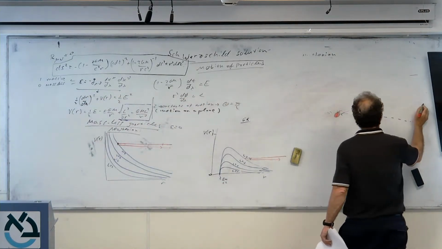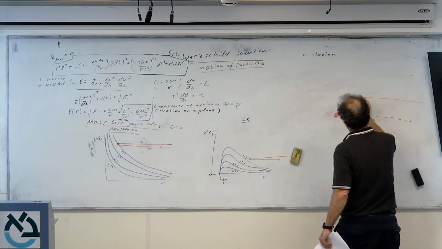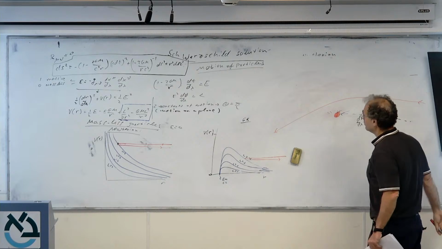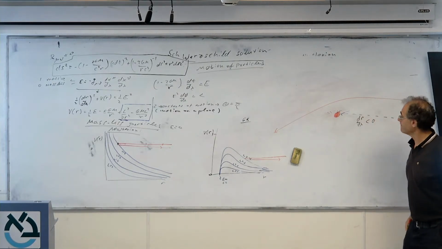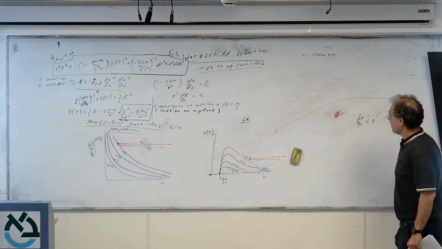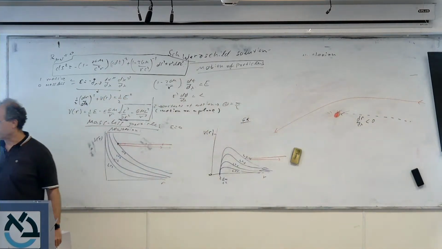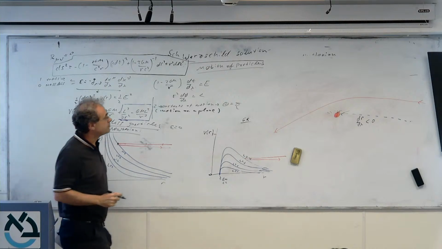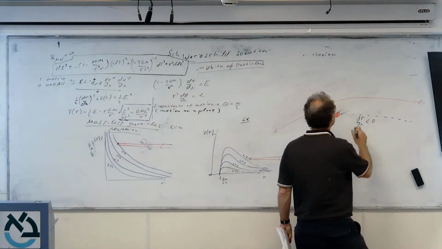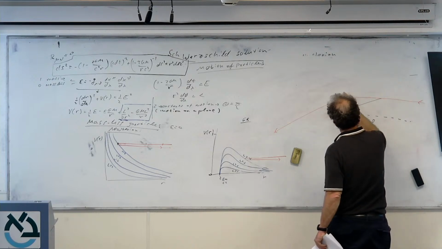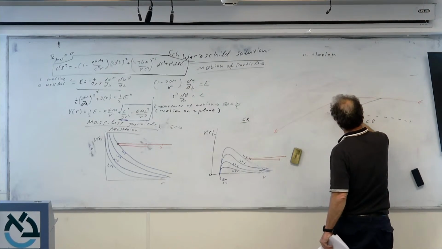So the photon trajectory will go from infinity, and then it will go like that, and then it will continue to infinity. Right. And again, this is R. It's a function of lambda. This is R min.